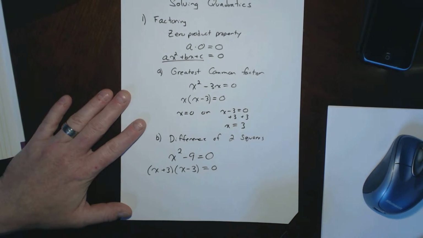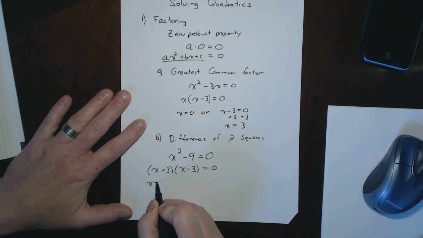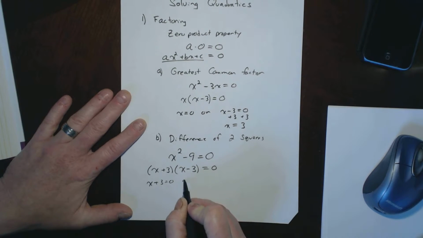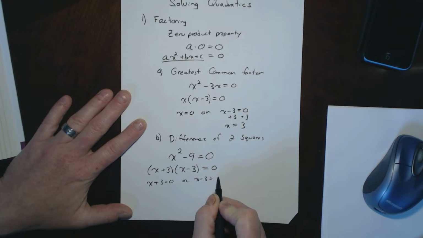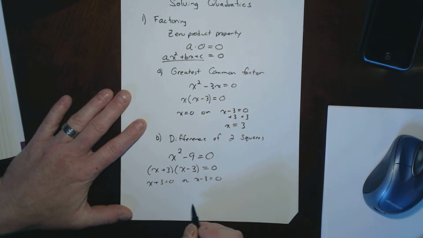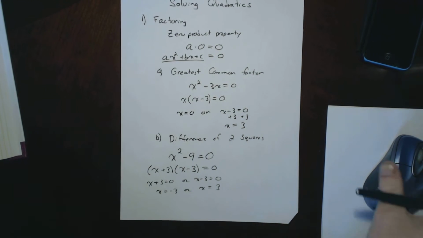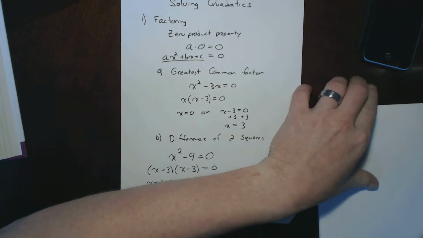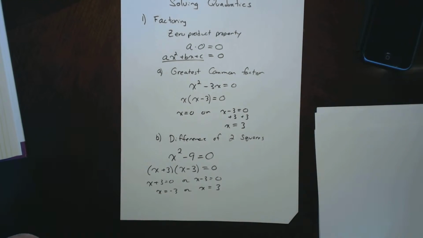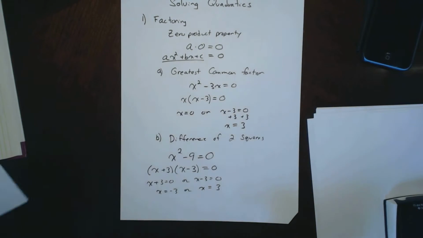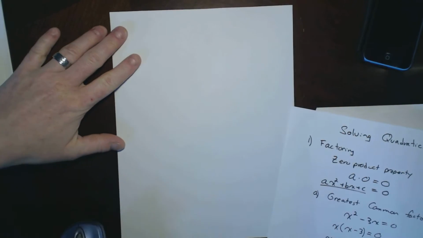Again, we apply the zero product property such that x plus 3 is equal to 0 or x minus 3 is equal to 0. Solving each one of these mini equations yields x is equal to minus 3 or x is equal to 3. Now, if these do not satisfy the conditions of the problem that you're working on, then you want to use some other techniques as well.